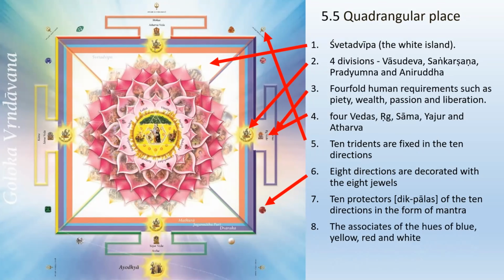And the associates on all the sides are also there in different colors. They are Shyama, Gaura, Rakta and Shukla, or blue, yellow, red and white. So this is the description of the whole planet given here.